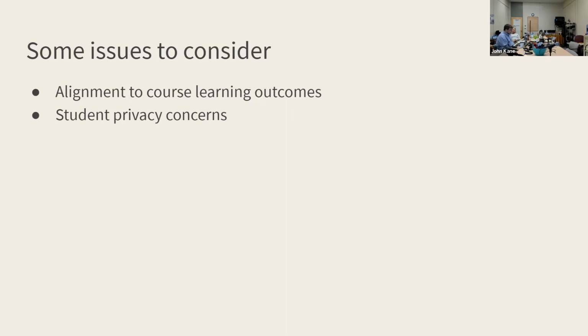Or if students even then feel uncomfortable with it, you can always give them some option where they share it perhaps either within the class or with just you, if their concerns are really serious and need something further to address. So think about ways of addressing student privacy concerns. I've been doing this for a few years now, and I've not yet experienced this, but that's been due to chance. I know other people have experienced it.